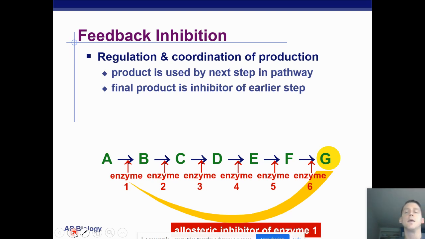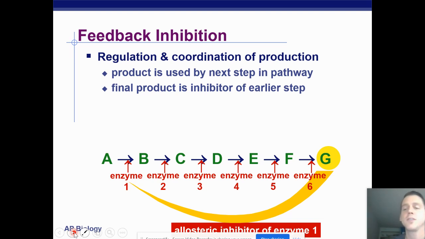So what does that mean? Well, it means that when we make product G, it can actually go and block enzyme 1. G can be an allosteric inhibitor for enzyme 1. Why would we want that? We might want that because it prevents us from making too much of our product, in this case, product G. We may only want a certain amount. So the production of product G also turns off the pathway that makes it.